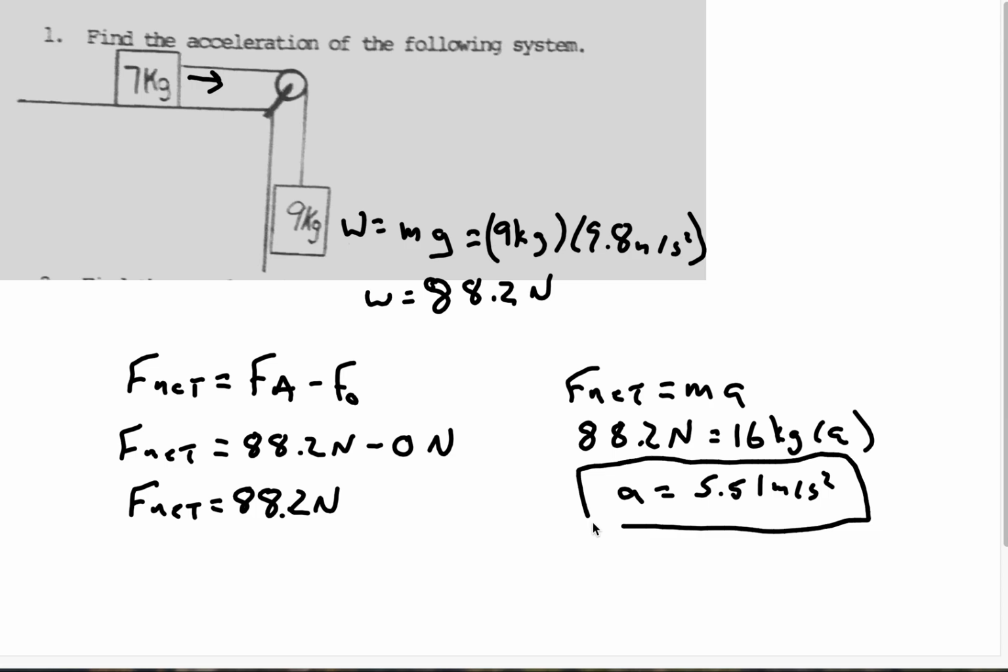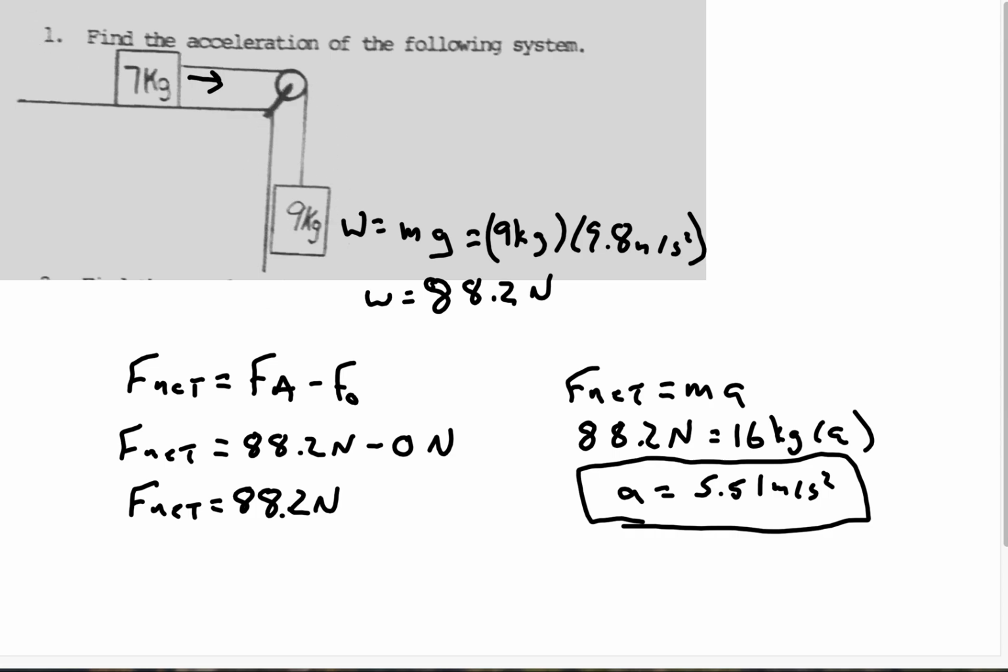Okay, so that was the easiest problem on the sheet. And the reason I wanted to do it is because it was the easiest problem. If you can get this, at least you can understand the basic concepts.